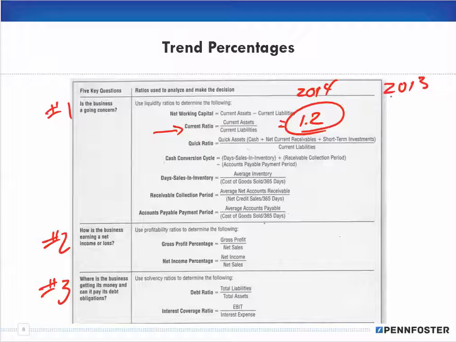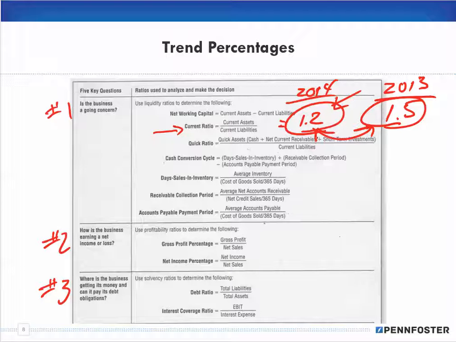So if in 2013 we had 1.5, say, this is a good thing. You're able to compare one to another and see whether the ratio for 2014 is beneficial or not.